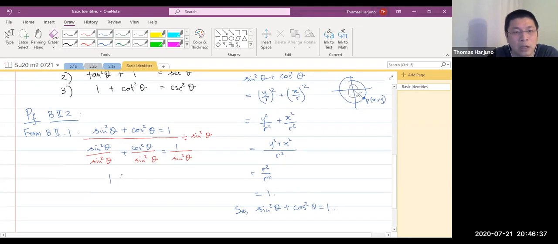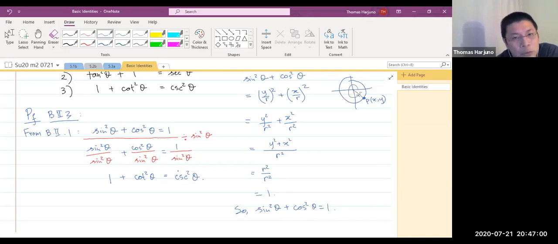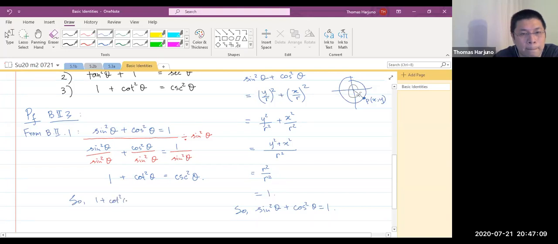The second term becomes, oops, no, this is B2-3. That will be cotangent squared theta, and this will be cosecant squared theta. That's B2-3. For B2-2, you actually divide by cosine squared, you can use this technique using cosine squared. Okay, that's for the second group.